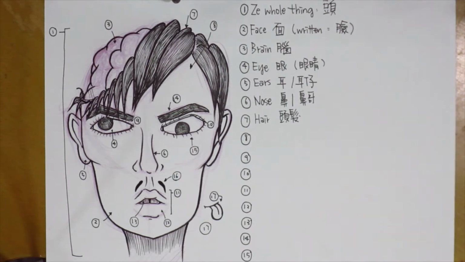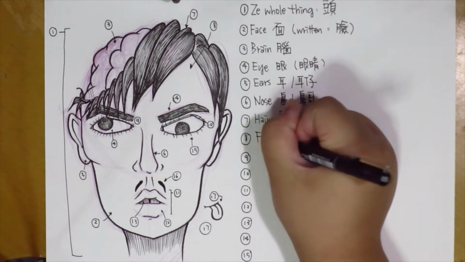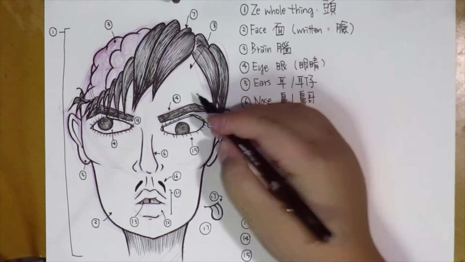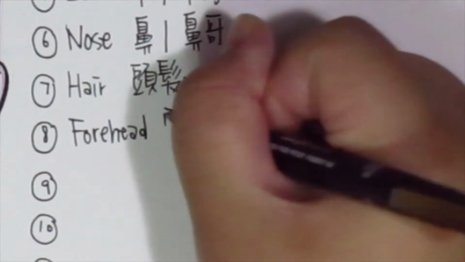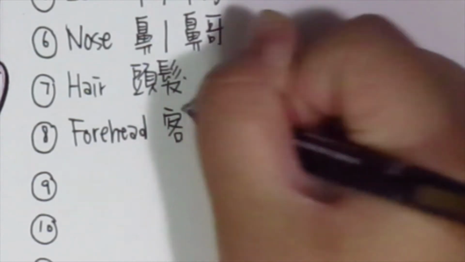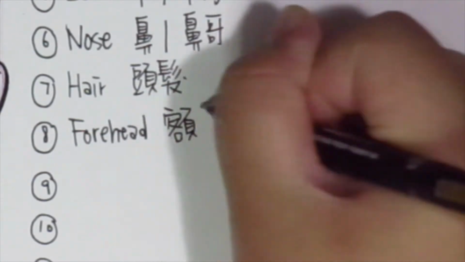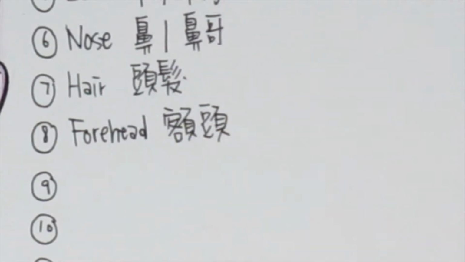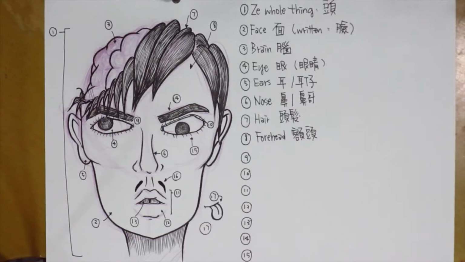And what your hair usually covers is your forehead, which is our 8th expression here. And in Cantonese it is nga tao. So the nga first character here is the more important one, and tao, I don't know, maybe it's trying to emphasize it is on your head.